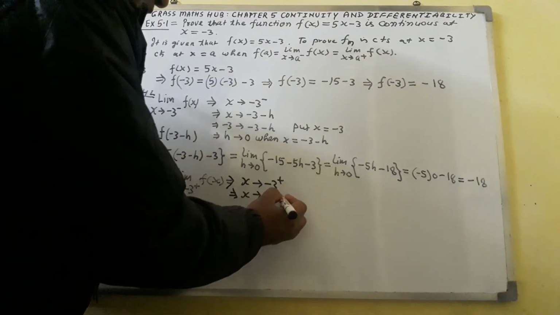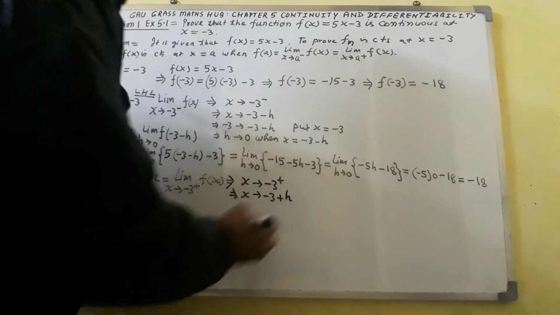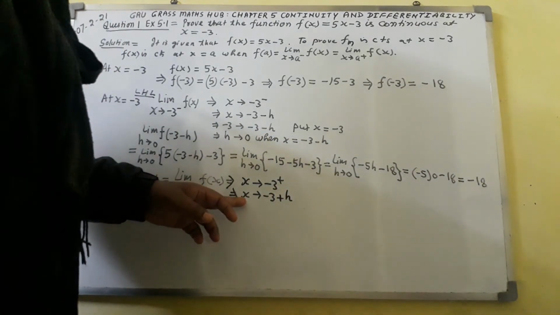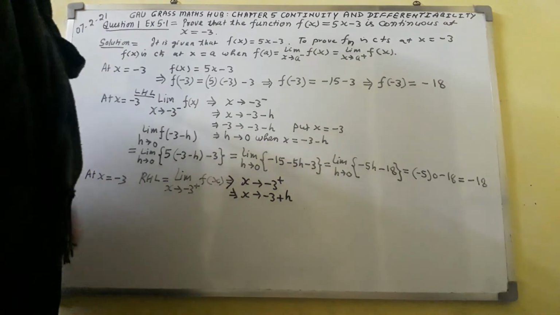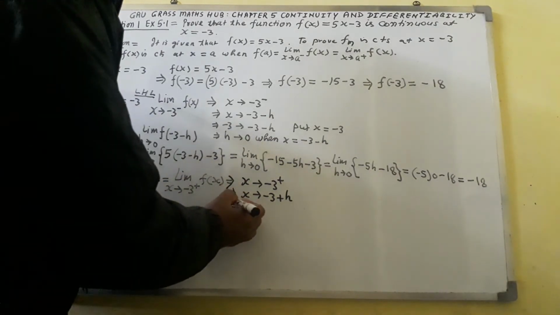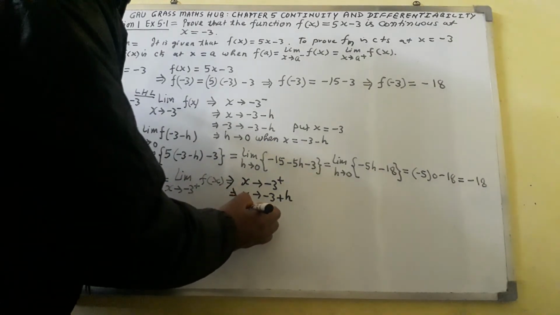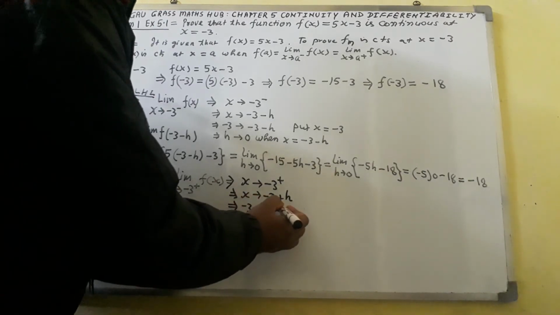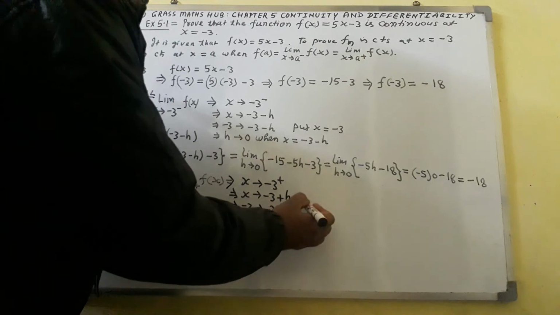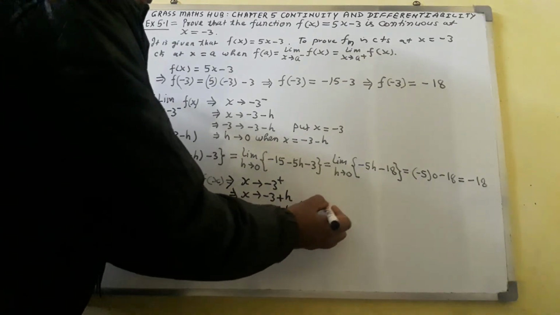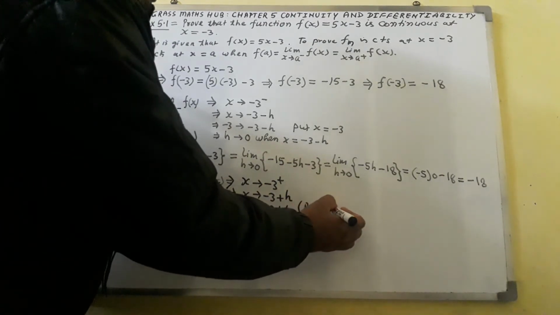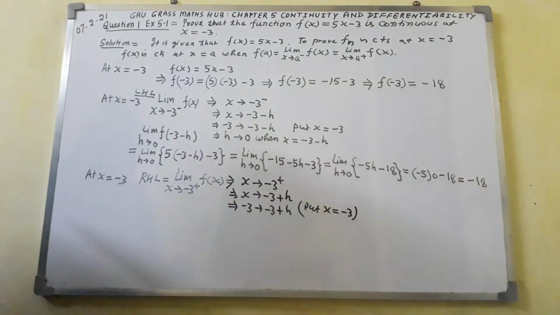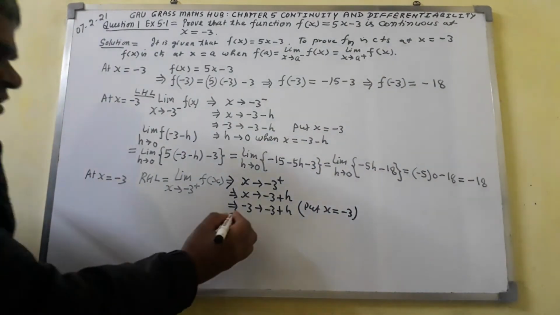So here write plus h. Put x equal to minus 3. So here I shall write x tends to minus 3 plus h. Put x equal to minus 3.